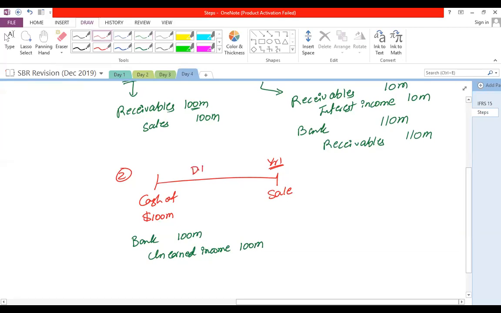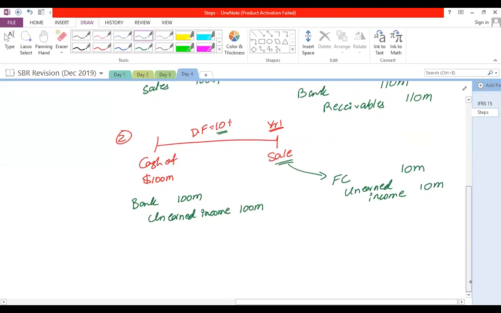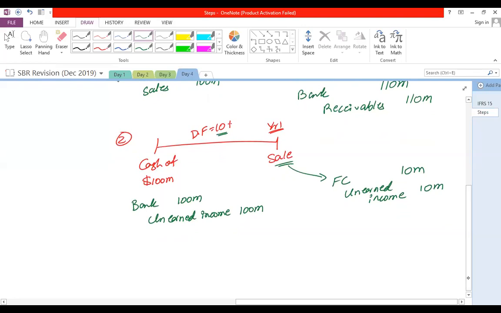We are assuming the same discount factor of 10%. So now at the year end, first we record the finance cost debit and the unearned income credit by 10%. Because if we are receiving the cash early, why would a customer pay us early? Obviously, in return, we will be selling some additional goods to the customer.